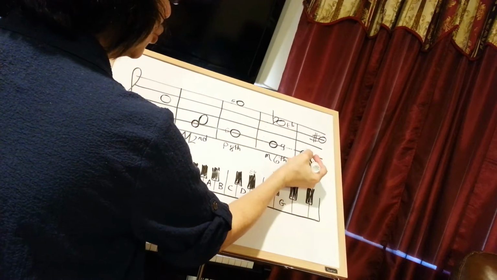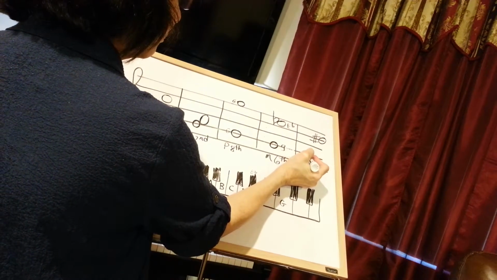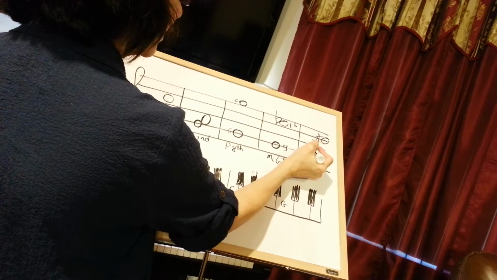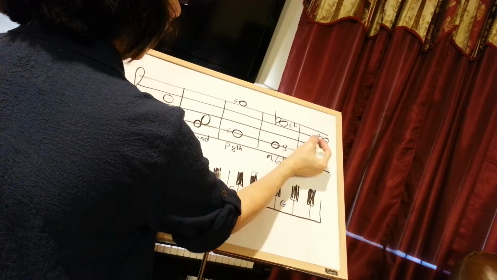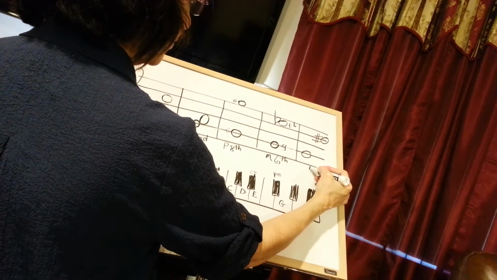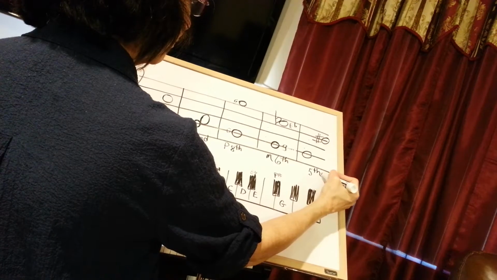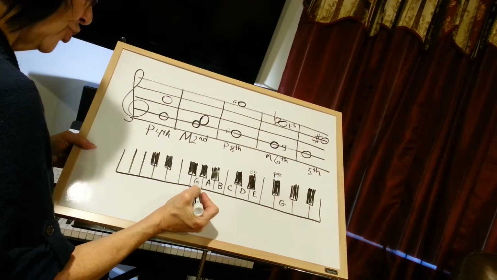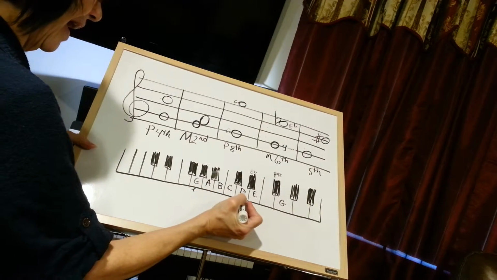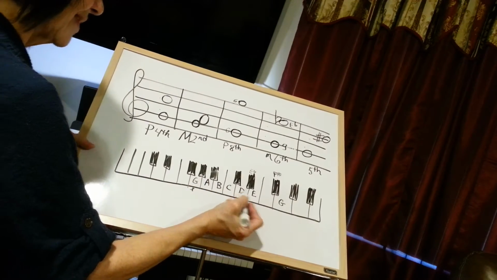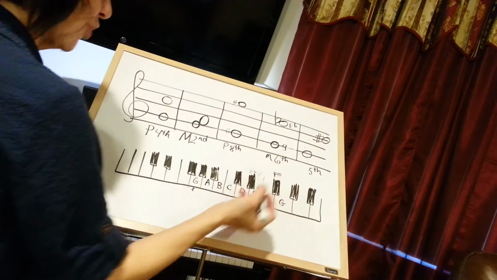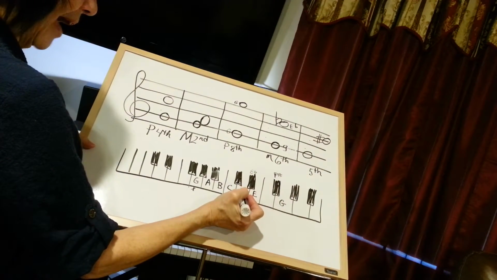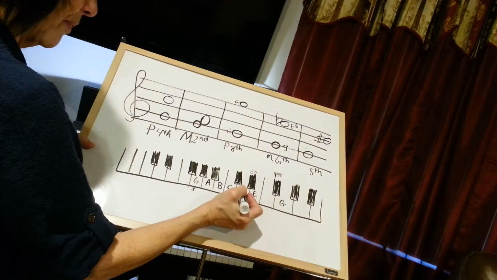I'm on G. What interval? Line, space, line, space, line. Did you hear fifth? If I'm on G, there's a D, but there's not a D sharp. How do I get to the D sharp?